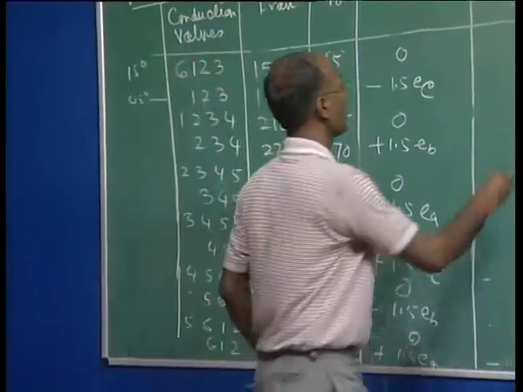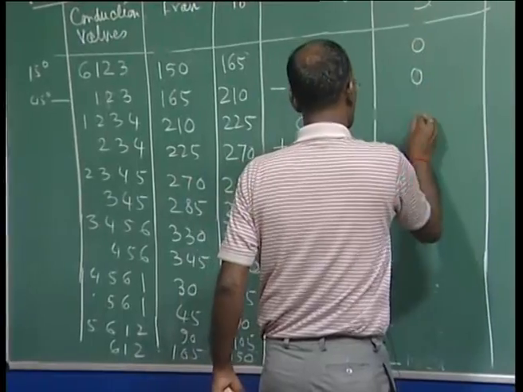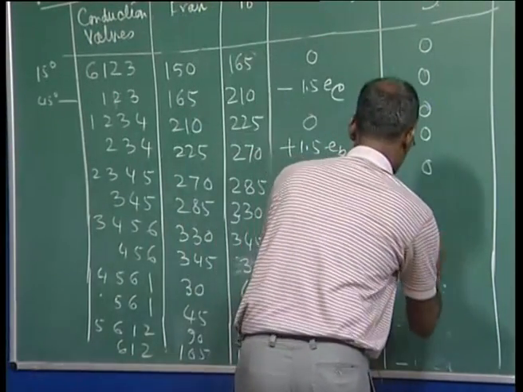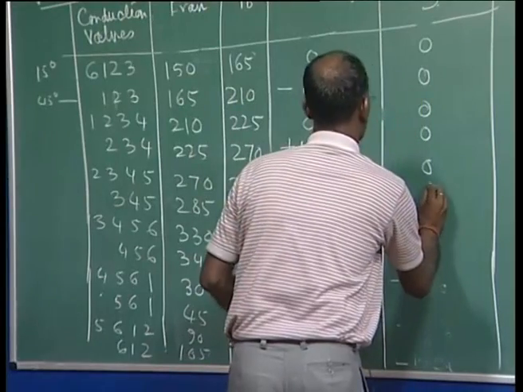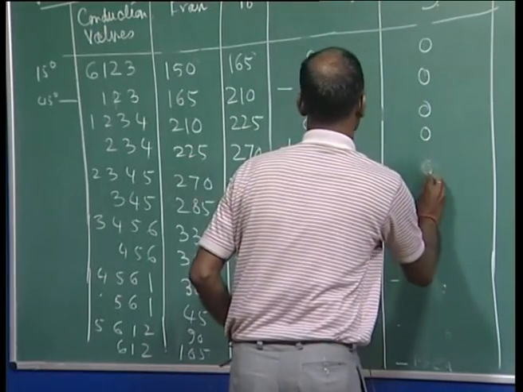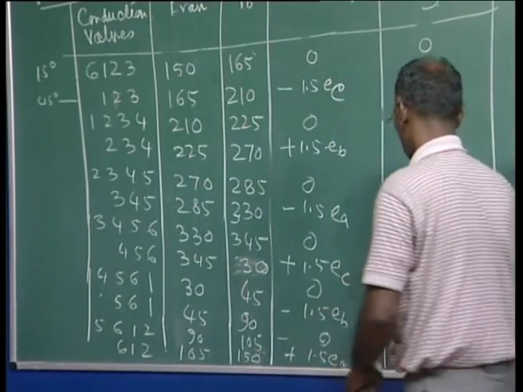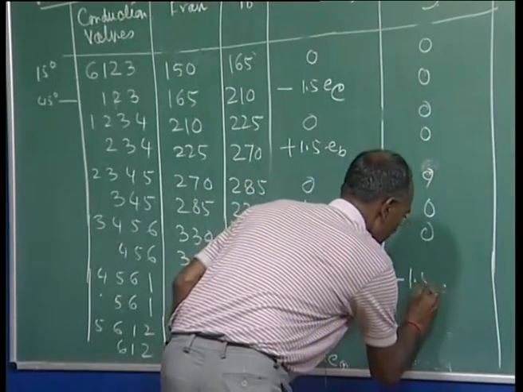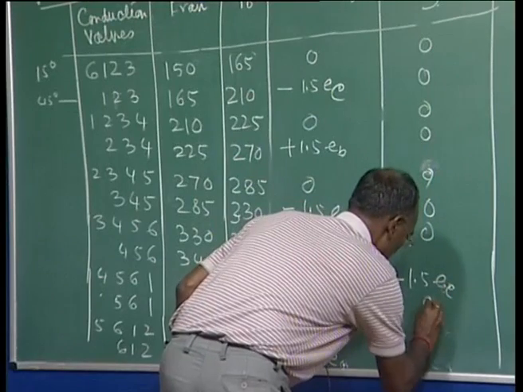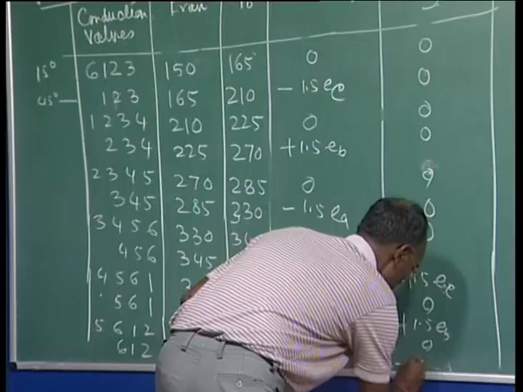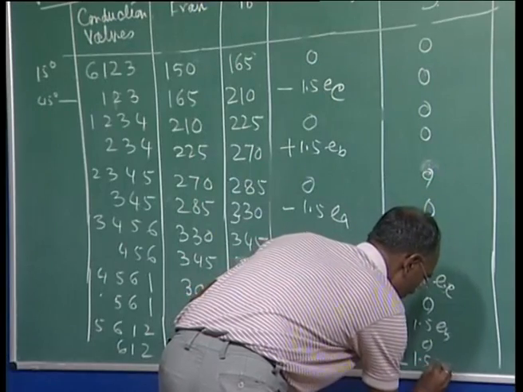And the voltages here, this is the 3, we are drawing 0, 0 till it will be here, it is a 0. Here we are this one. Now, only once we are here, then voltage will be here minus 1.5 EC, here it is 0, plus 1.5 EB, here 0, minus 1.5 EA.